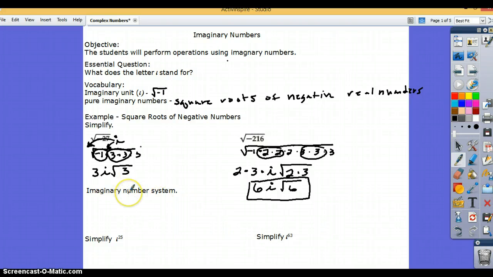Alright, so imaginary number system. This works in 4's is what you want to think about. Alright, so i to the first is equal to i, which is also your square root of -1.